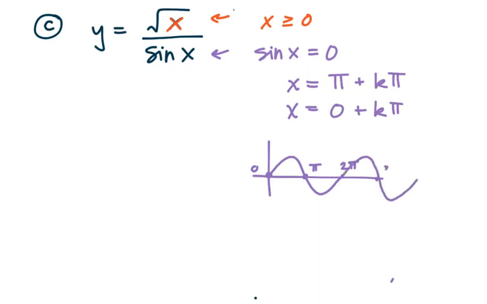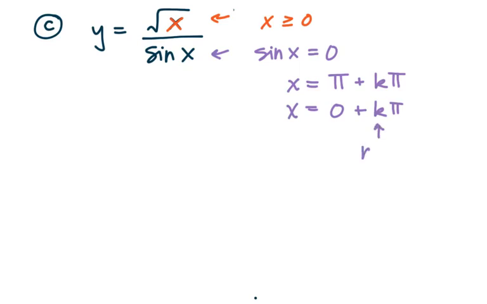We would have 3 pi, 4 pi. So at 0 plus any pi k multiple. And in this case, we are just saying that k is an integer. I use the Z symbol here to represent integers. So k belongs in the set of integers.